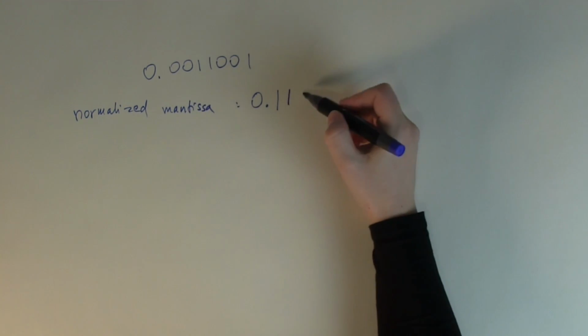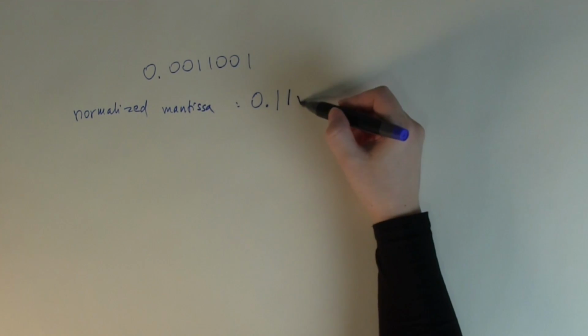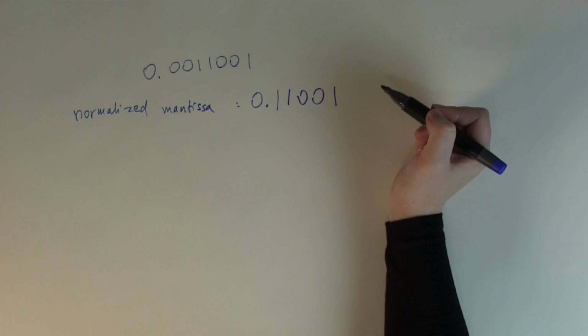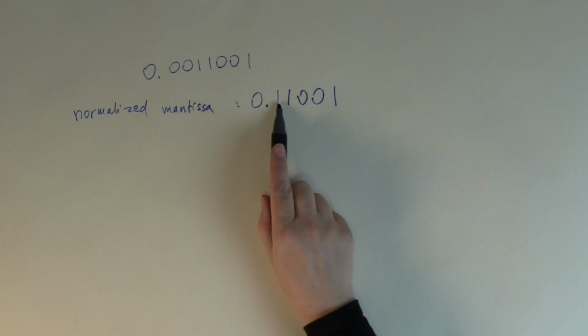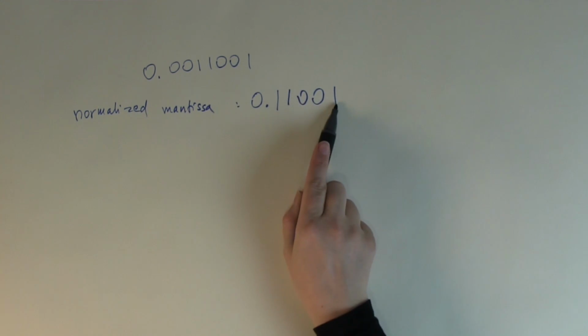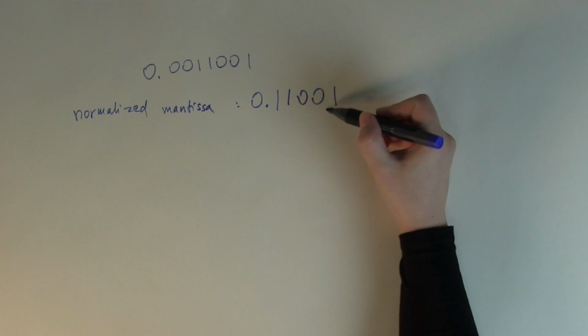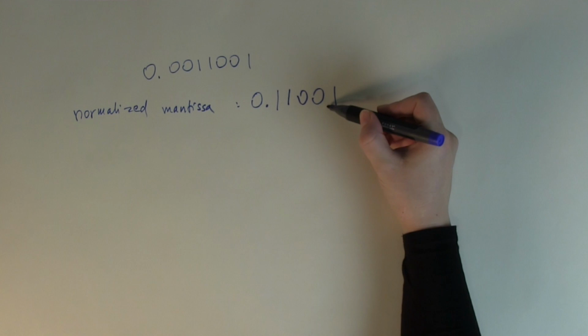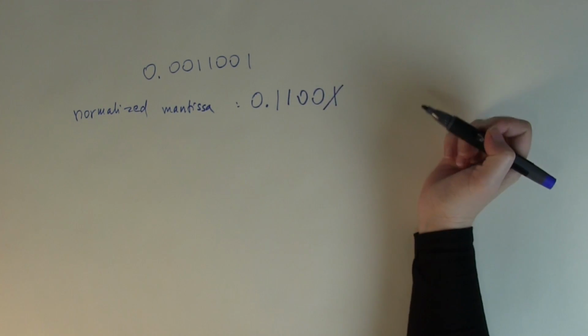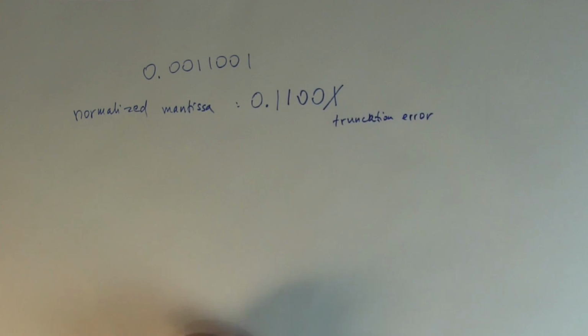That is 0 radix point 11001. Now, what we can see here is that I have got 1, 2, 3, 4, 5 bits behind the point. So that extra bit I cannot represent in the 8 bits floating point notation. So that bit is the so-called truncation error that I have mentioned a few minutes ago.